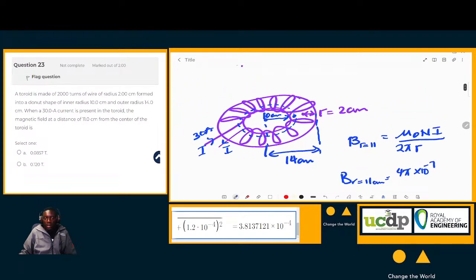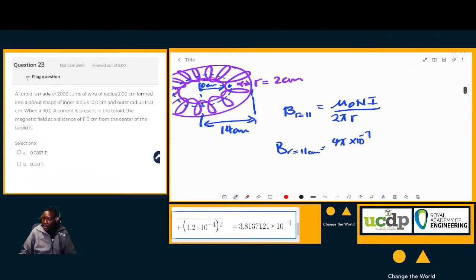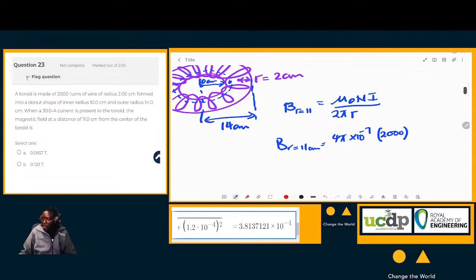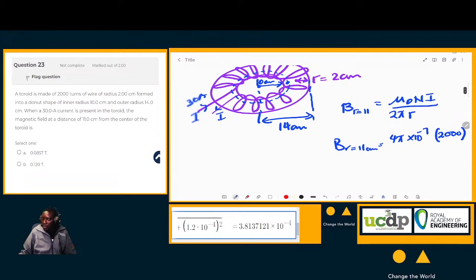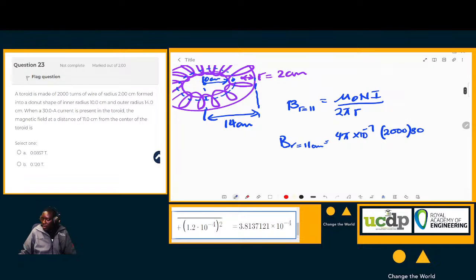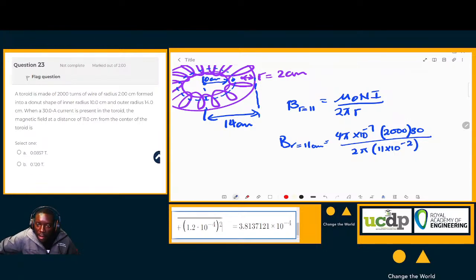In this case, this toroid is a 2000-turn toroid with 2000 turns and the current being 30 amps. Let's see if that gives us anything close to the answers.